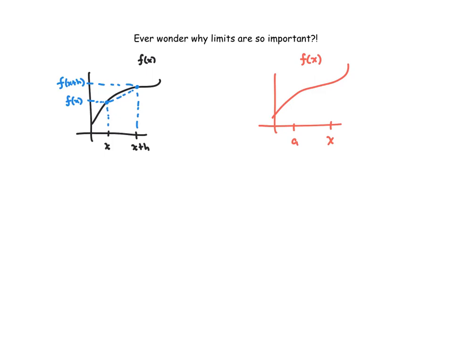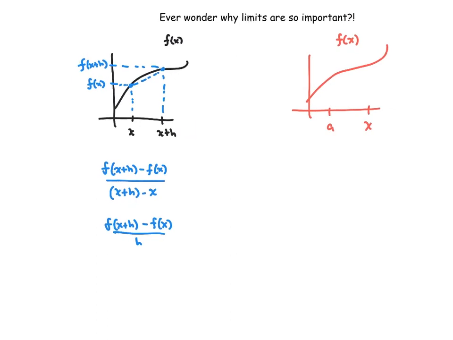So the slope, right, we could find by using y minus y, so f of x plus h minus f of x over x plus h minus x. Cool. So the slope, let me just simplify real quick, would be f of x plus h minus f of x all over h. You've probably seen this. It's been called the difference quotient.